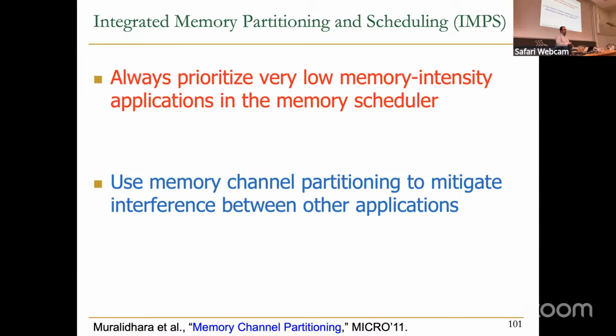So we apply channel partitioning only to those applications that are memory intensive, and the memory non-intensive applications we handle just by prioritization at the memory controller, without channel partitioning.